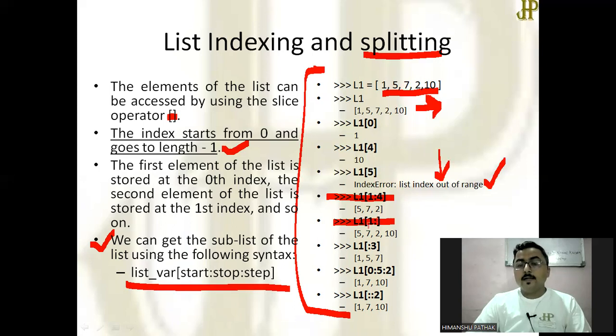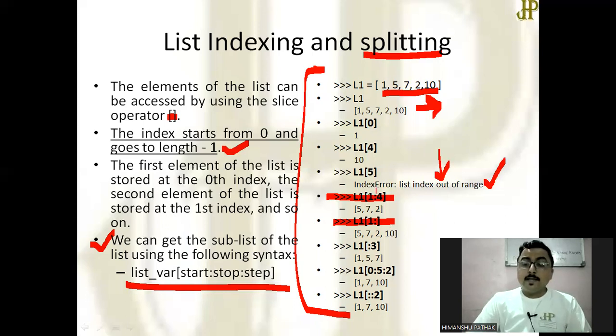The interpreter will treat it as starting from the 1st position and moving up to the last element of the list, because I have left it empty after the colon. By default, it goes till the end. So it will start from 5, ignore the 0th position, and print till the last element.